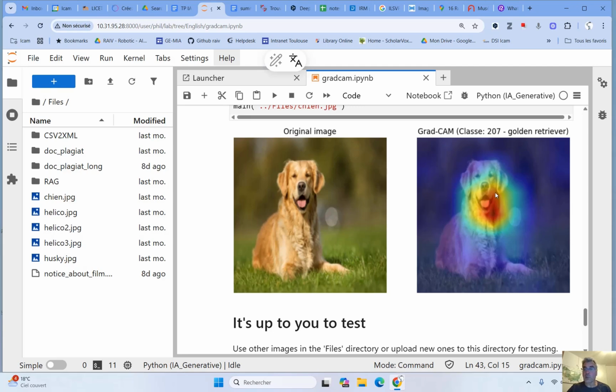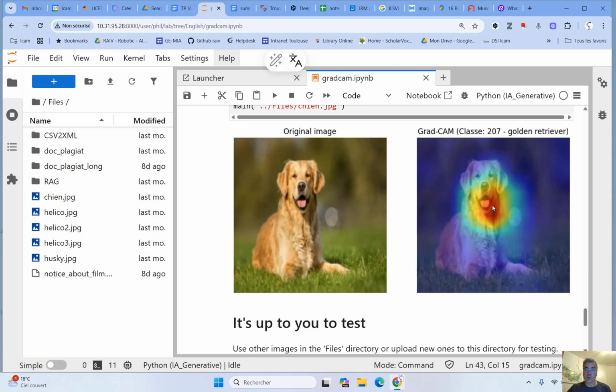This is the most important pixel. With the yellow color, it's less important, and so on. All these other pixels have almost no importance for the classification, but these ones are the most important.